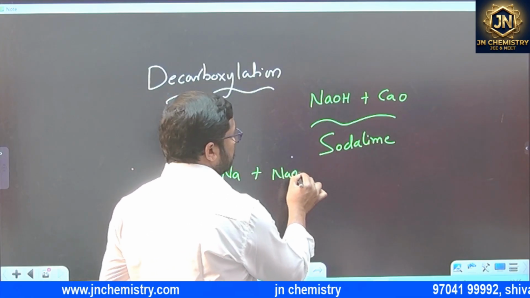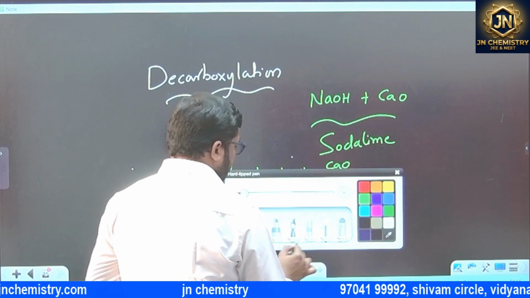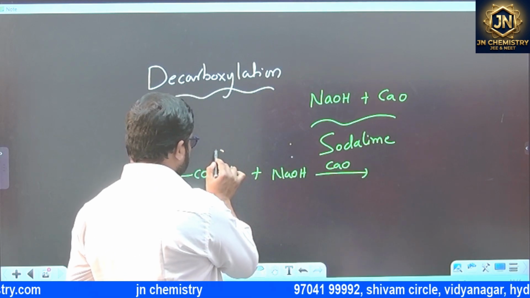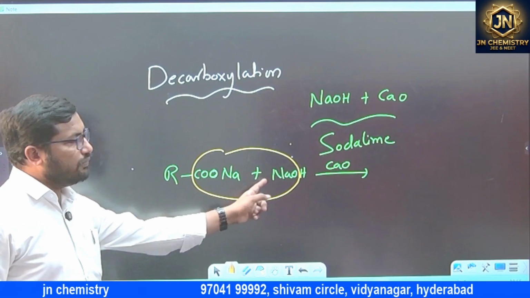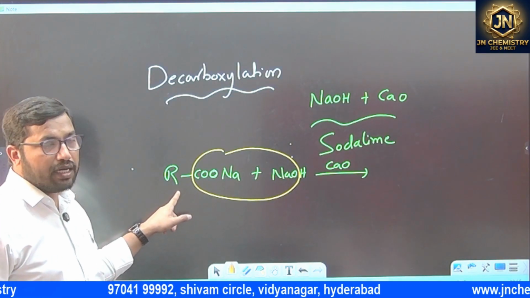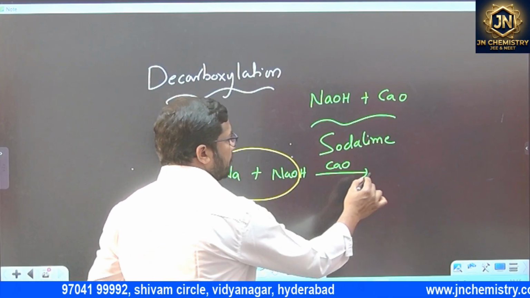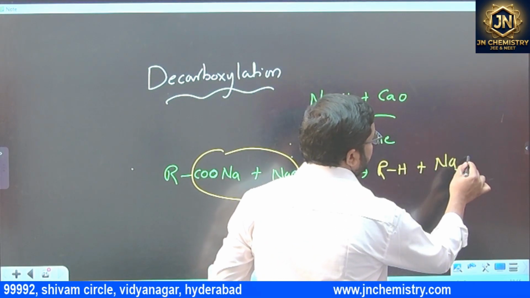NaOH, CaO, calcium oxide. Here is what exactly happens now. This is going out: Na2CO3. This H comes to attack this R, alkyl group. So we'll get RH, the alkane, plus Na2CO3 going out.